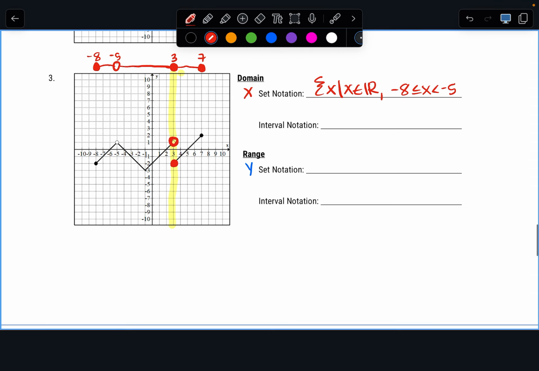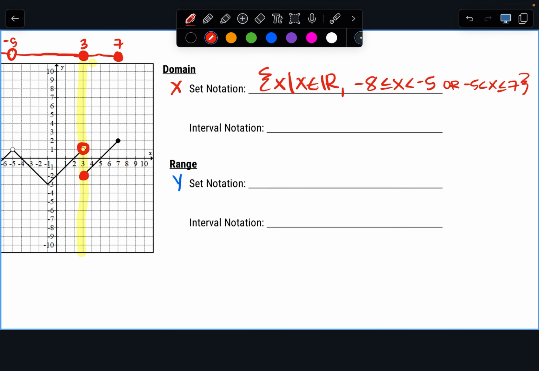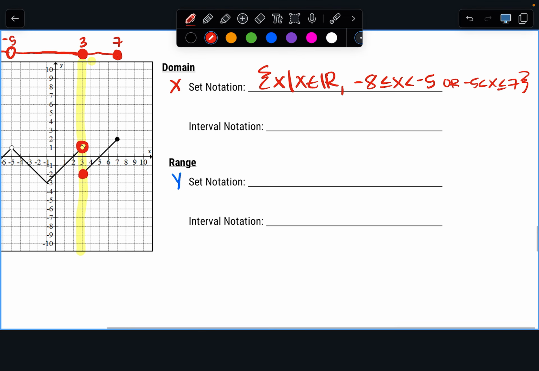That's going to take care of the first chunk, so that -8 to -5. And then we're going to have or, because we have to skip over, -5 less than x less than or equal to 7. My handwriting got smaller because I ran out of room. Let me make it a little bit bigger so you can see it.